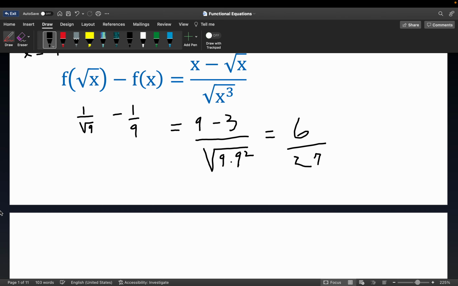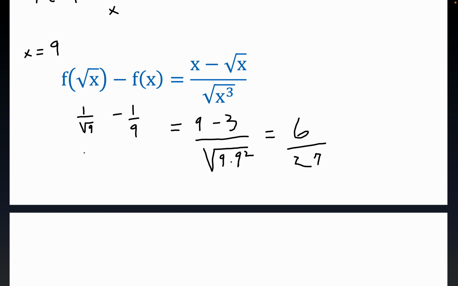Now let's take a look at what we get over here. This would be 1/3 minus 1/9, folks. 1/3 is 3 over 9, minus 1 over 9, is equal to 2 over 9.